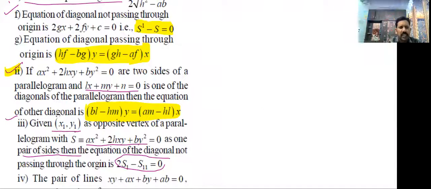So S1, S11, these we will discuss in second year. Okay, that's why don't write the third point.